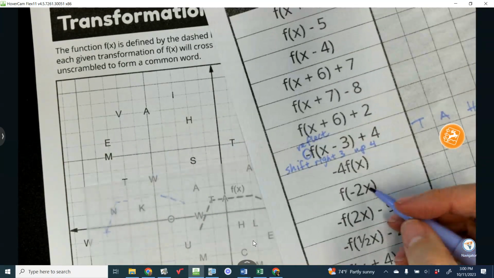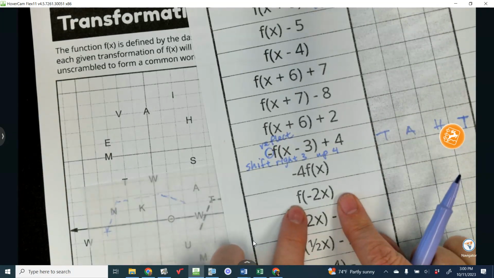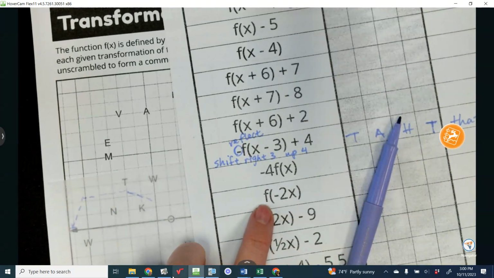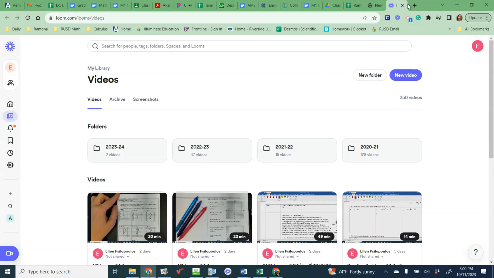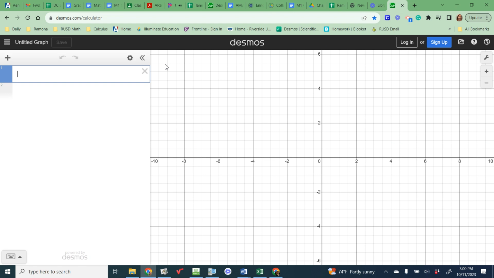Okay. I don't know how much you've done with negatives on the inside. So let's just take a look at it. I'm going to jump over to Desmos.